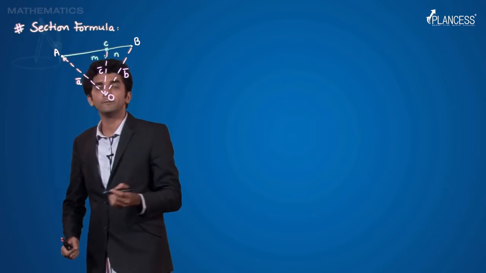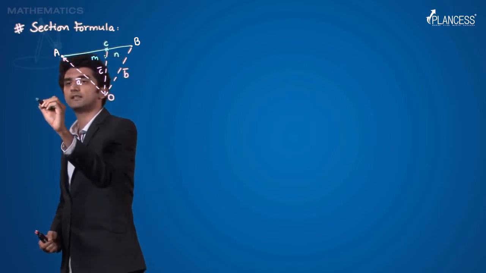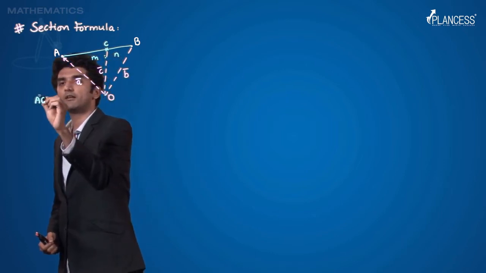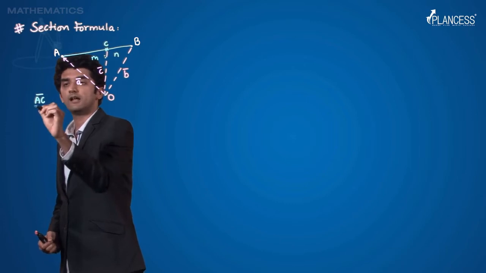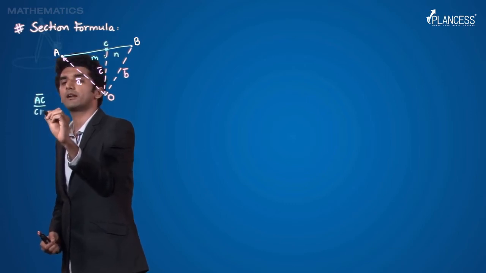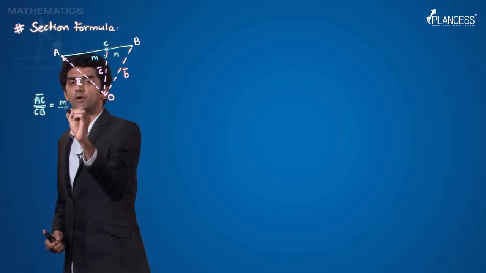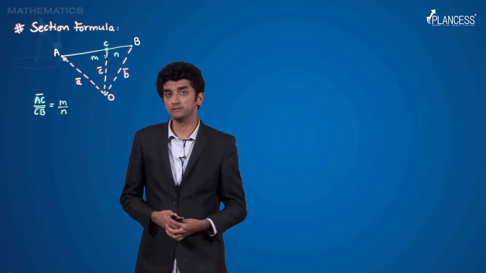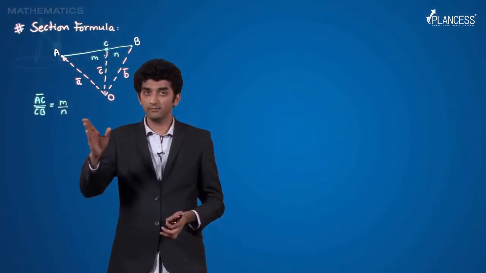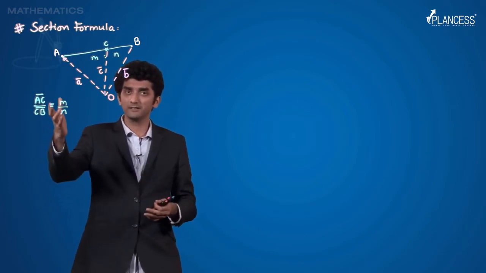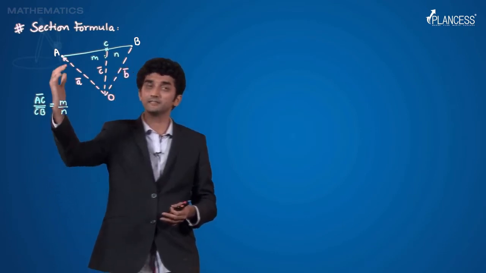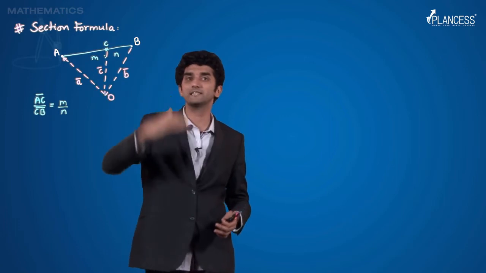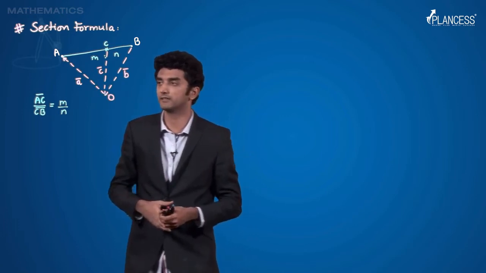So I can say that AC bar upon CB bar is equal to M upon N. Can we say that? Right? AC bar upon CB bar is equal to M upon N. It's very obvious to understand this once we appreciate the fact that AC bar and CB bar are collinear vectors.